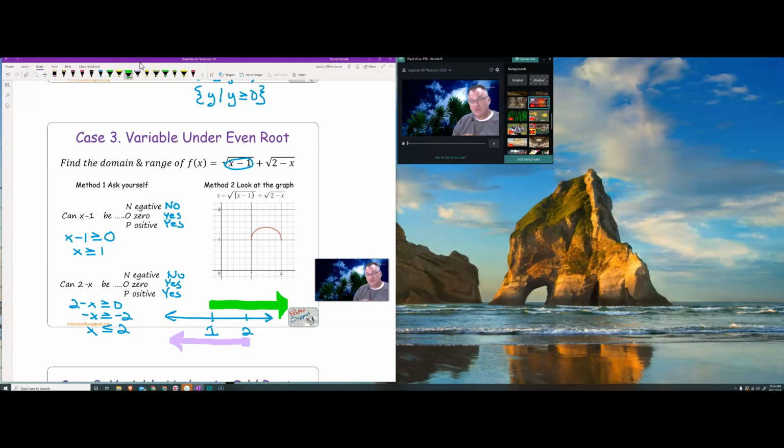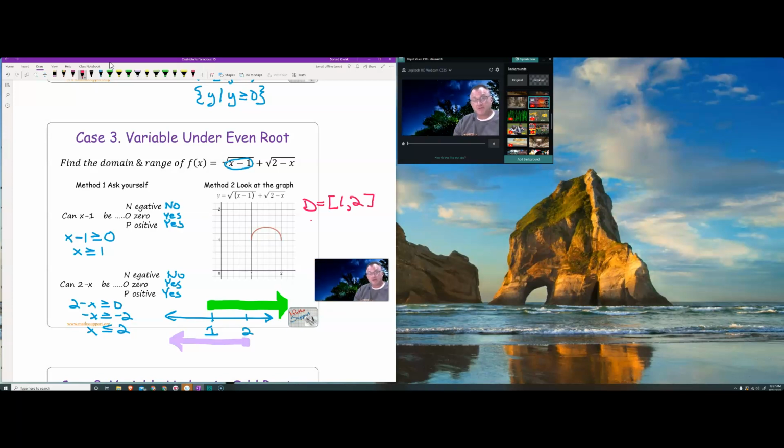So our answer here is, where do these two colors overlap? Well, right in this middle section here. That's the overlapping section. Those are the numbers that are allowed in our domain. So in this case, our domain would be from 1 to 2, and it would include both of those values. So domain is bracket 1 to 2.